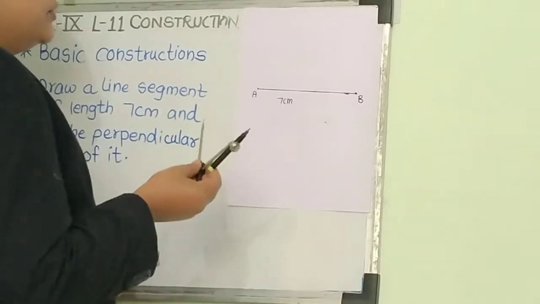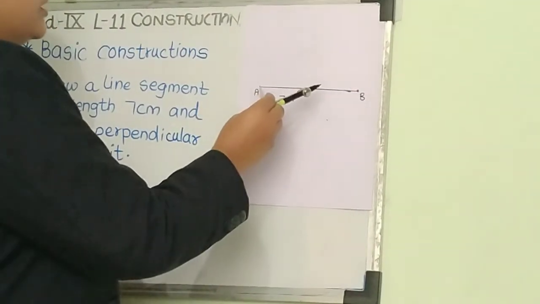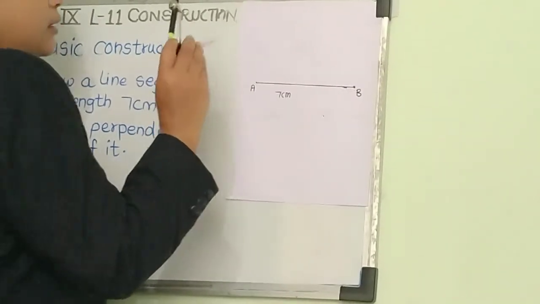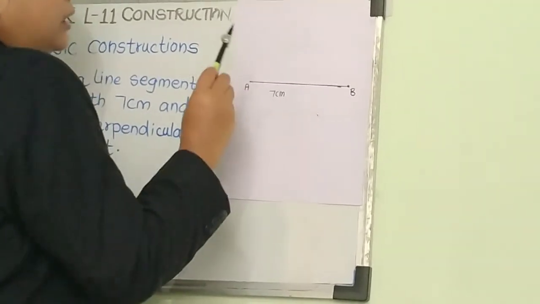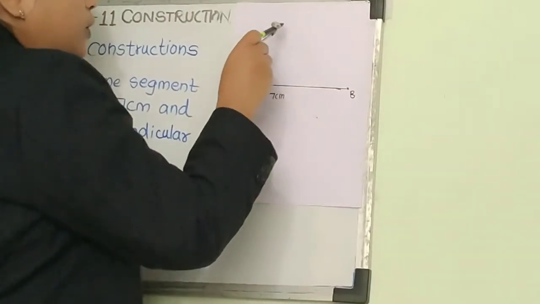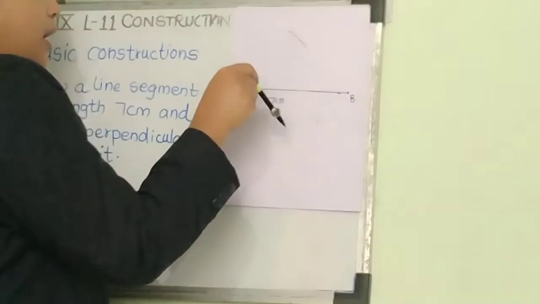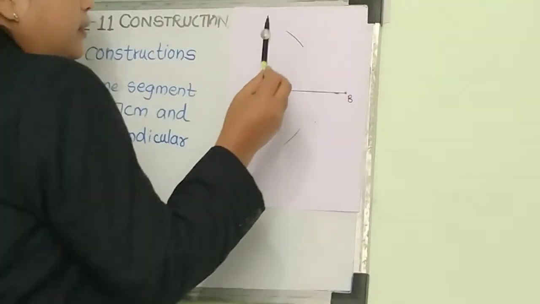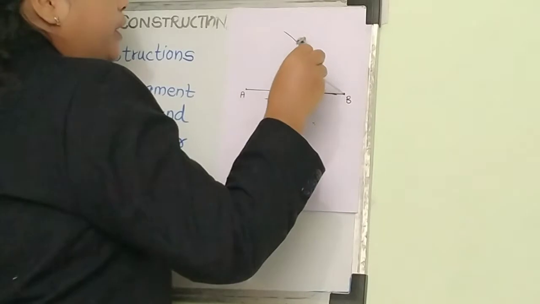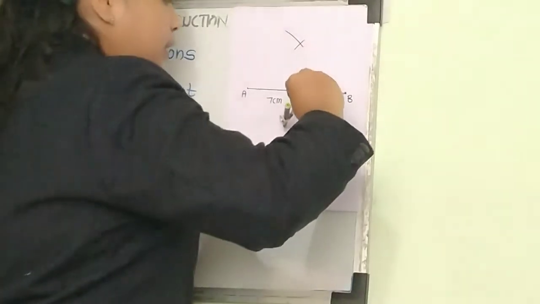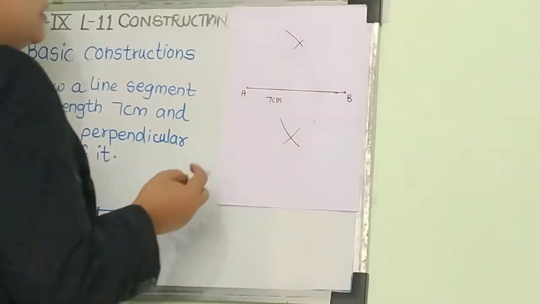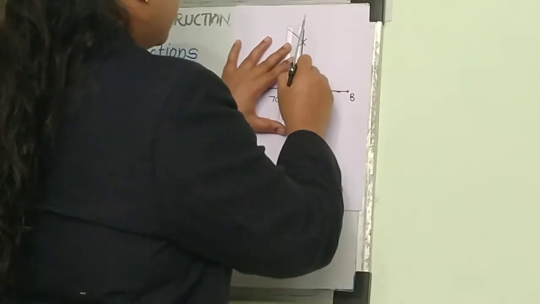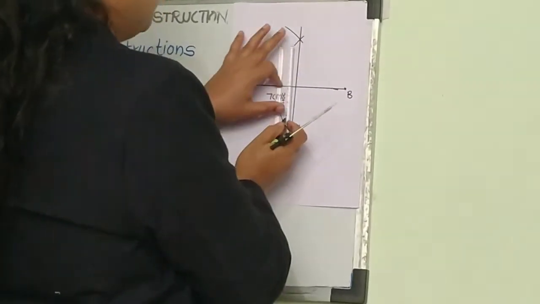After that, you are going to take more than half the distance in your compass. Then from point A, you mark arcs up and down. With the same fixed length, from point B we draw arcs intersecting the previous arcs, and we draw a line through these intersection points.